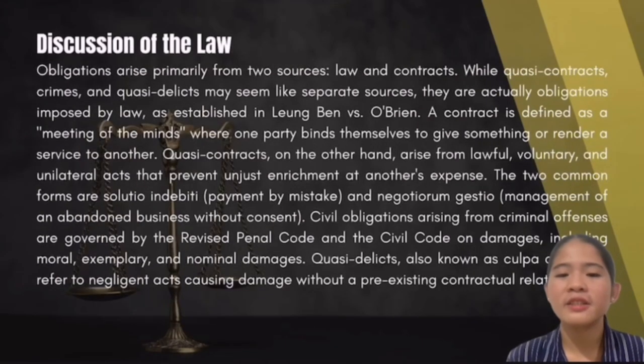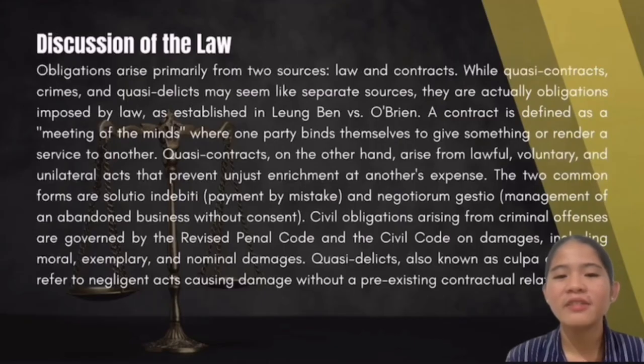So now, let's discuss the law, in which obligations arise primarily from two sources, the law and the contracts. While quasi-contracts, crimes, and quasi-delicts may seem like separate sources, they are actually obligations imposed by law as established in Longbin versus O'Brien. A contract is defined as a meeting of the minds, where one party binds themselves to give something or render a service to another.